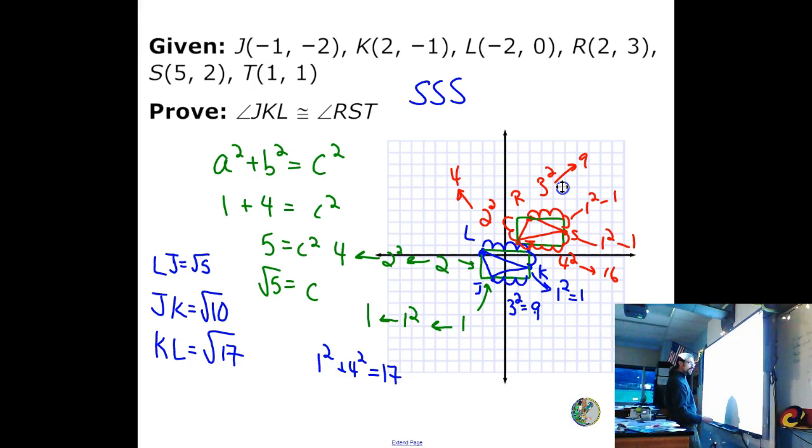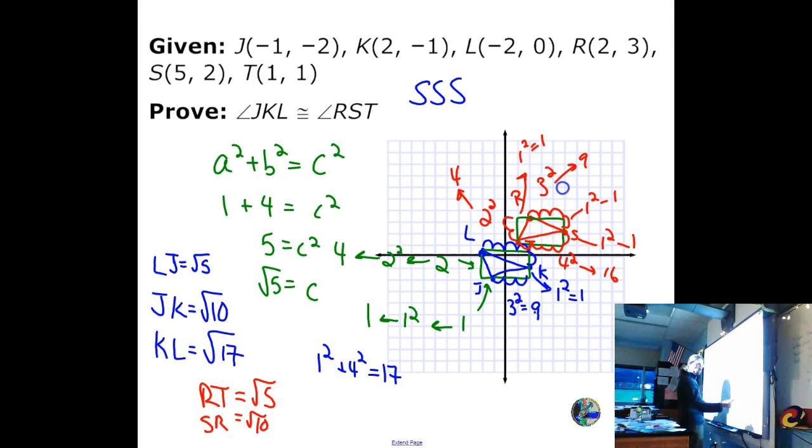From R to T is, actually this is 1 as well. 1 squared is 1. From R to T, RT equals the square root of 5. From S to R, it's the square root of 10.